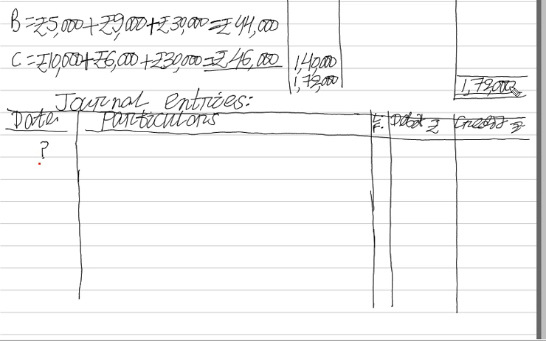The first one is profit and loss appropriation account debited for interest on capital.